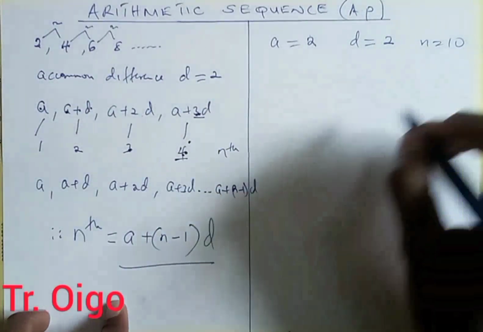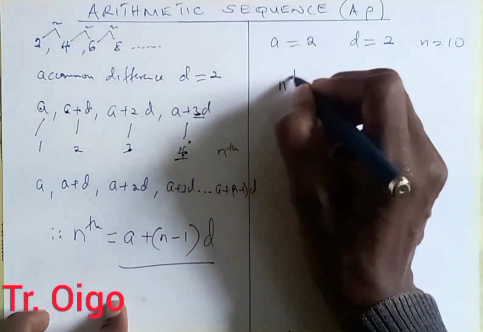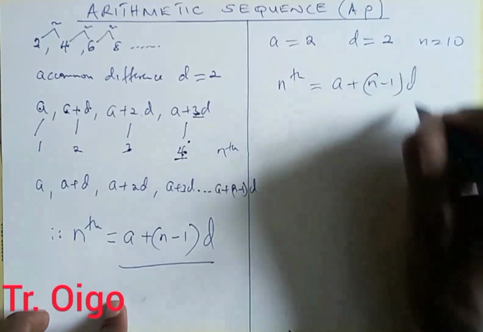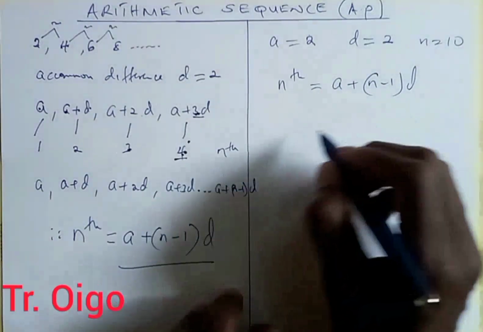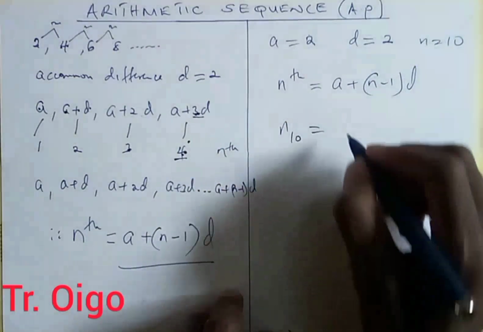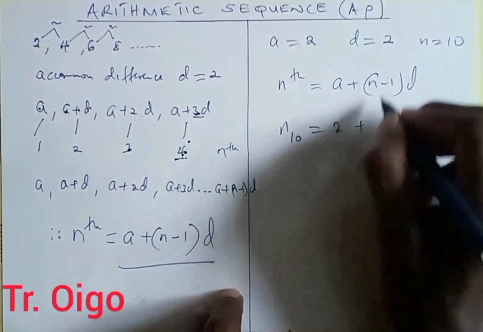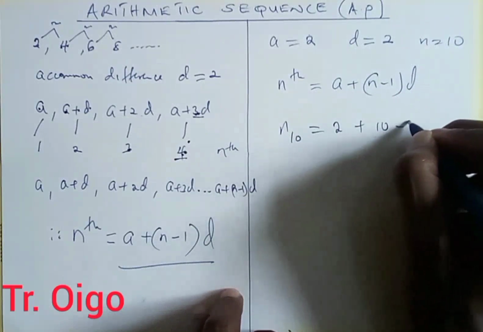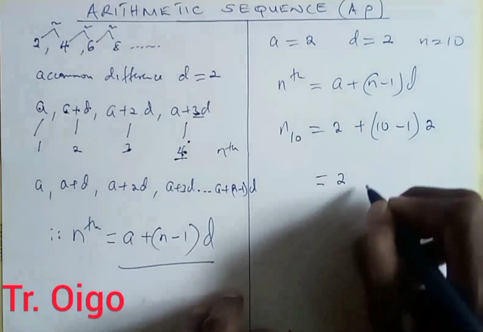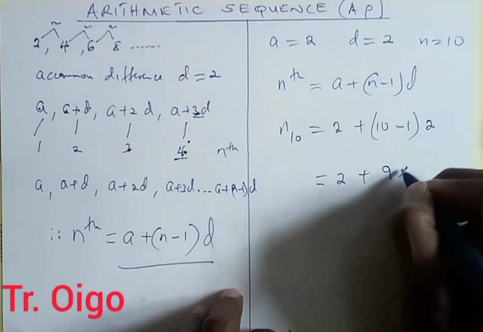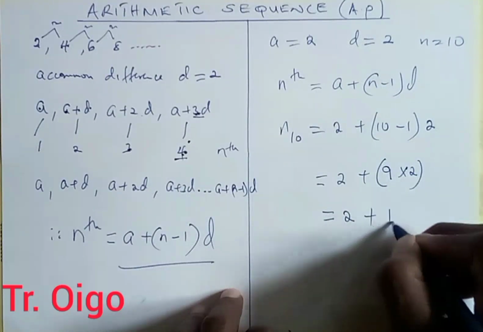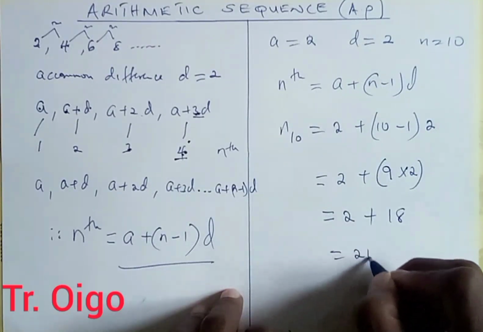So to get the 10th term, I'll say the nth term equals A plus n minus 1 multiplied by D. By so doing, the 10th term will be the first term, which is 2, plus 10 minus 1 multiplied by 2, which for this case I'll have 2 plus 9 multiplied by 2, which gives 2 plus 18, and therefore this gives me 20.